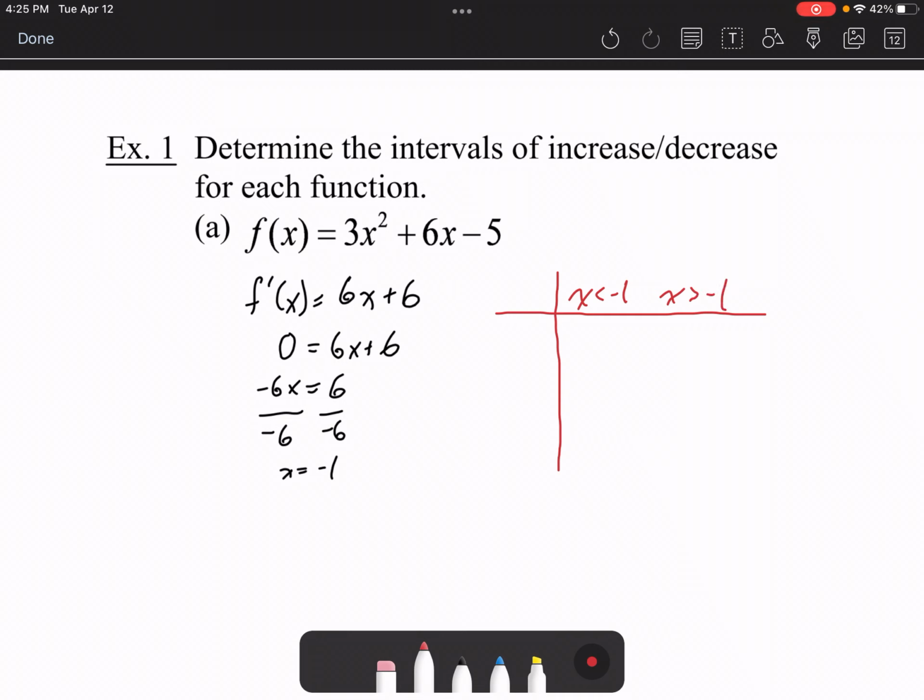Now, if your function is defined on a specific domain, then you'd actually specify the domain and you'd be going in between those values. So what I'm going to do is analyze f prime of x for each of these domains. That's going to tell me what f of x is doing.